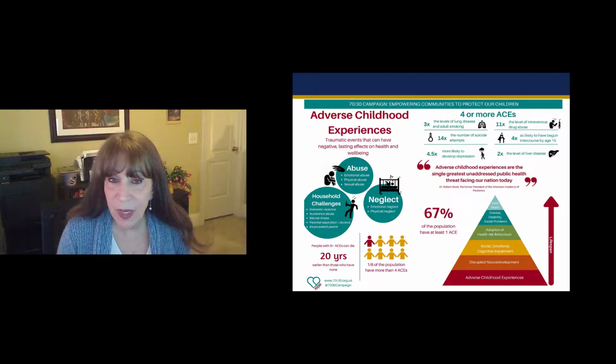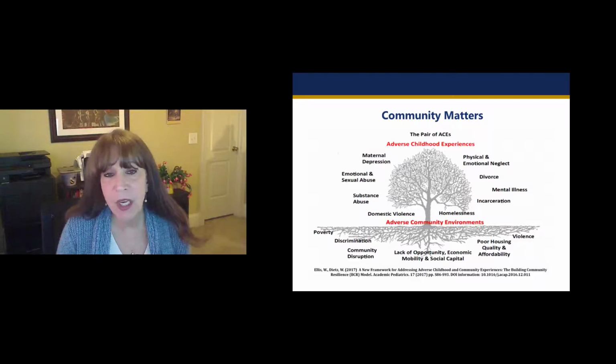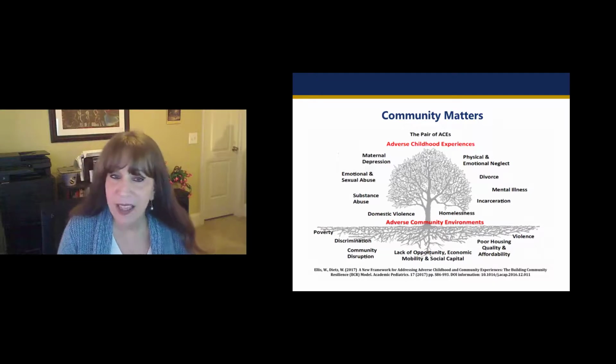So this is something that we have to deal with, not only with respect to substance use, but in so many other domains of functioning. But I want to also show you this because what you saw in that previous slide pertains to the trunk and the branches and the leaves on this tree, right?